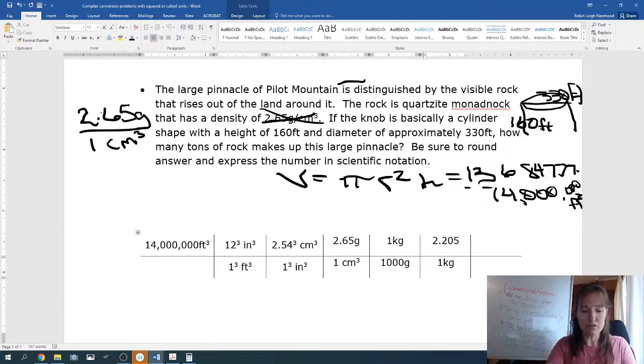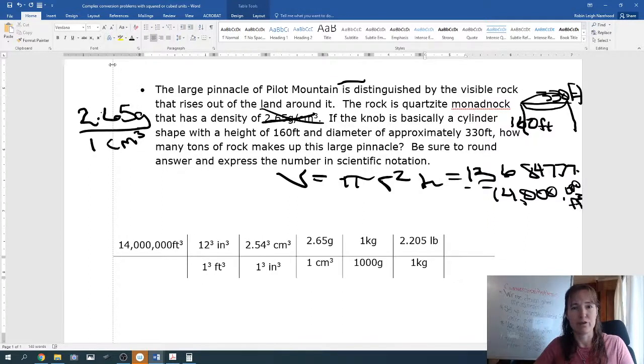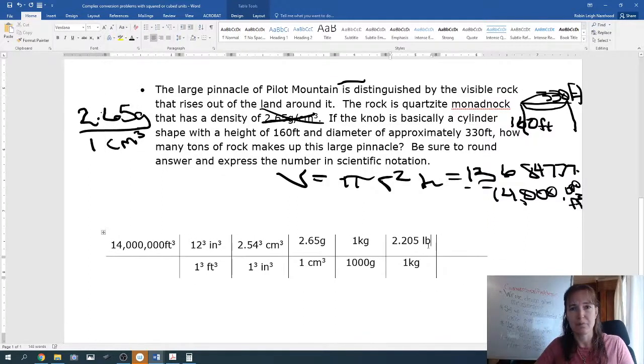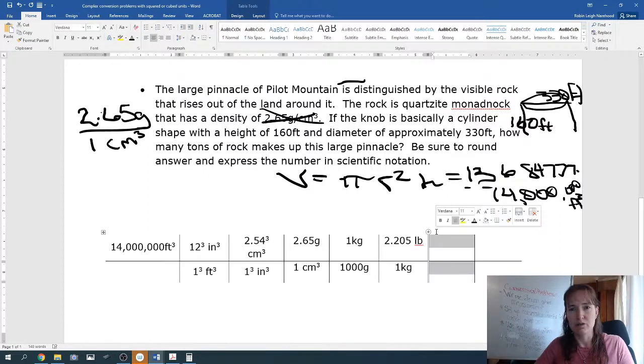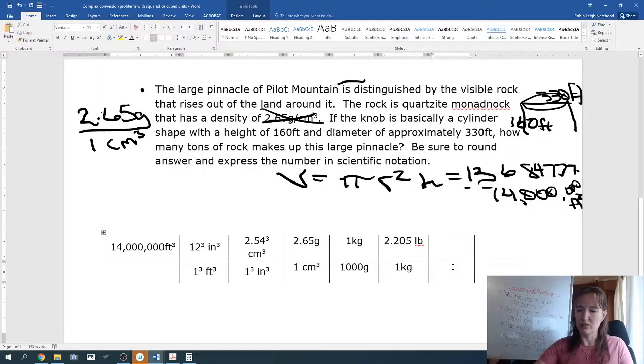Once you've used it a few times, it makes it easier and easier to use. Move these over so I can have room for another conversion factor. I need to go from pounds. There are 2,000 pounds in a ton. And that's how much weight it is in the unit of tons, and that's the unit that I want for my answer.